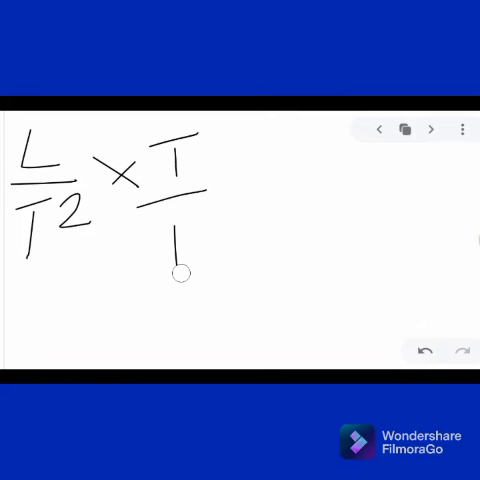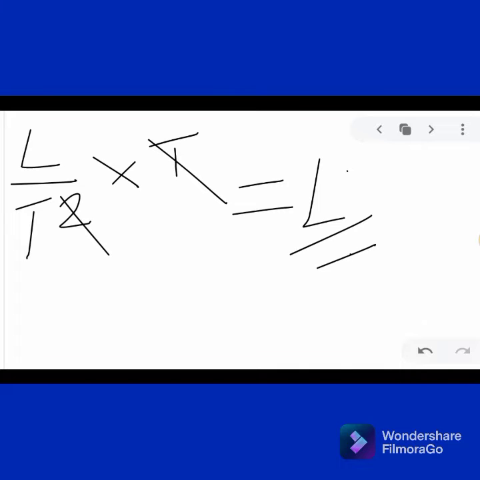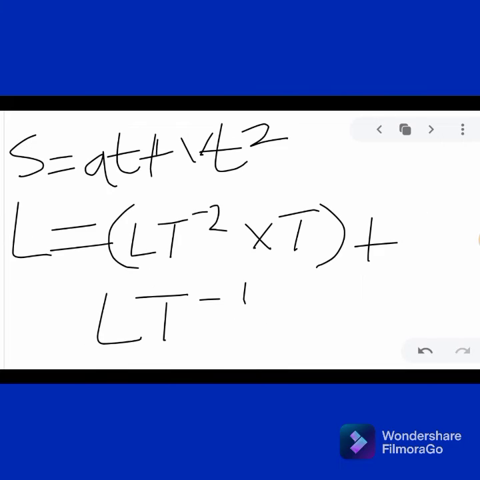Which means that one T will cancel from the square, so that only one remains. Meaning the answer is now L over T, which is the same thing as L T raised to the power minus 1.